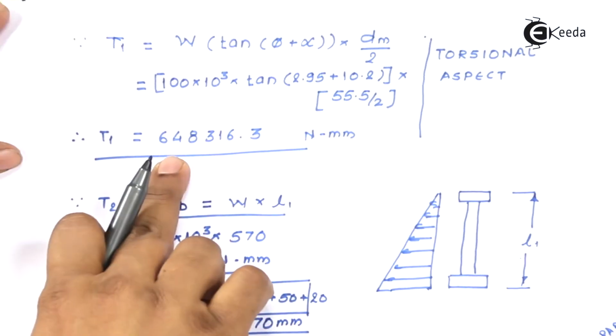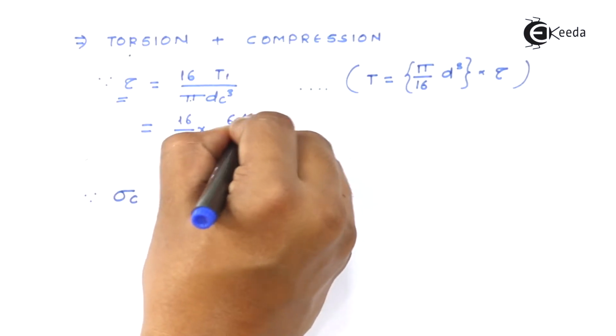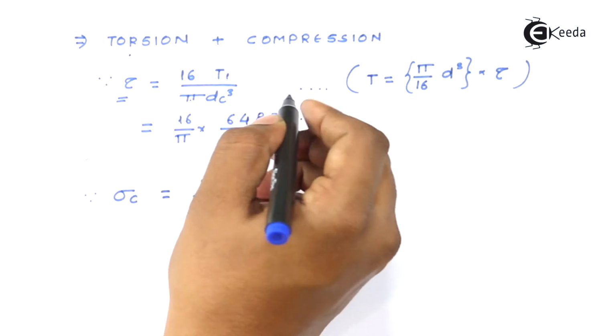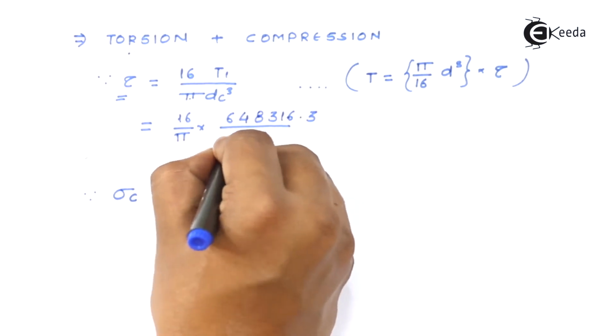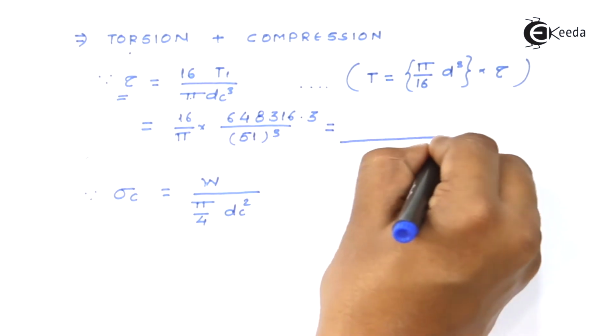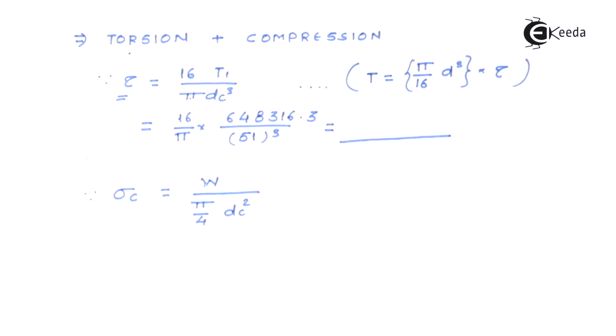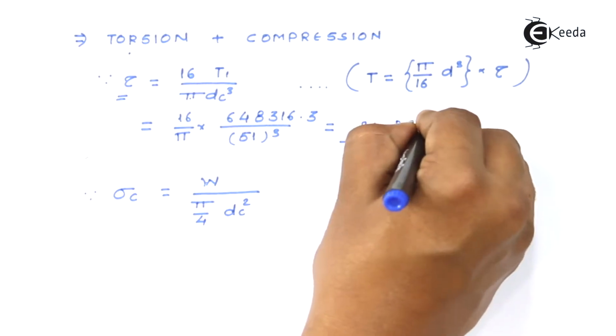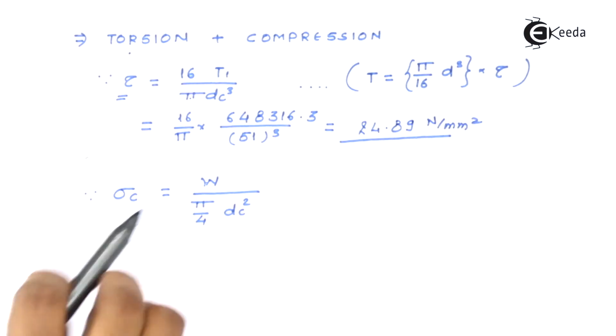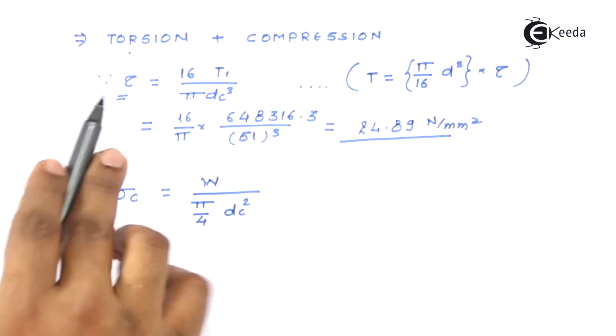As we have found out this value, we are going to use the same value. And the core diameter that we already have, upon calculating we will get the value. So this is what the shear stress is going to be induced.